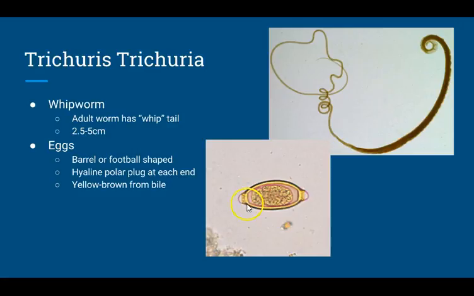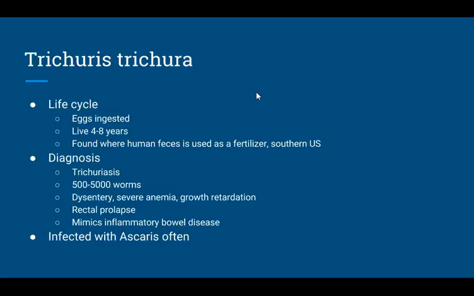The egg is shaped like a football or a barrel. It has 2 polar plugs on the ends, and it's usually yellow-brown in color. The males are the ones that have the prominent tail.